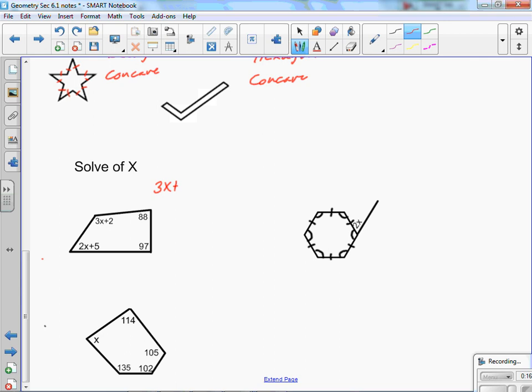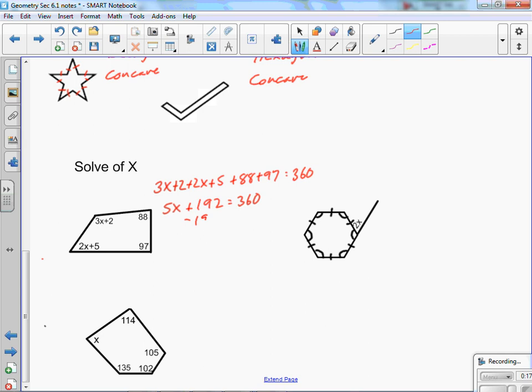To solve for x, we're going to add them together: 3x plus 2 plus 2x plus 5 plus 88 plus 97. It's going to have to add up to 360. So then it's just a matter of solving the algebra problem. 3x plus 2x is 5x. 2 plus 5 is 7. 7 plus 88 is 95. 95 plus 97 is 192, equals 360.